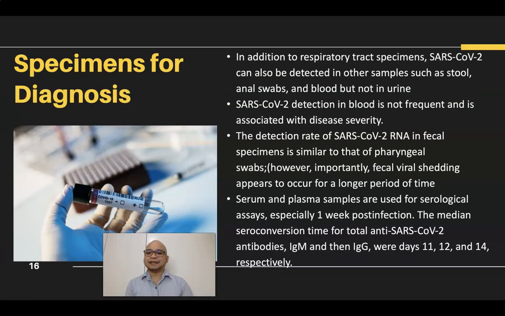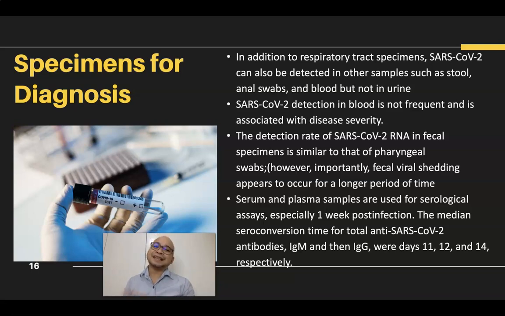Okay. So, specimens for diagnosis. In addition to respiratory tract specimens, SARS-CoV-2 can also be detected in other samples such as stool, anal swab, and blood, but not in urine. What does it mean if you are able to find SARS-CoV-2 in the blood? It means that SARS-CoV-2 detection in blood is not frequent and it is associated with disease severity.